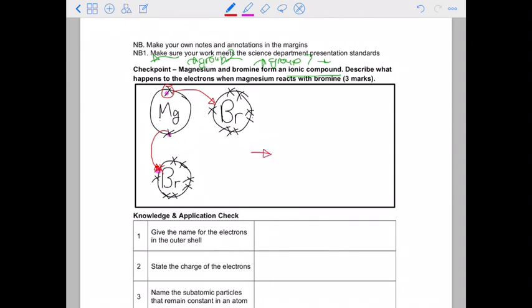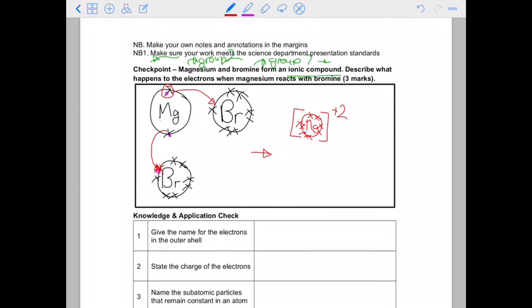So this will turn into 1 magnesium ion with a +2 charge because it's given away 2 of its electrons, with its full outer shell, because its second shell will become full.